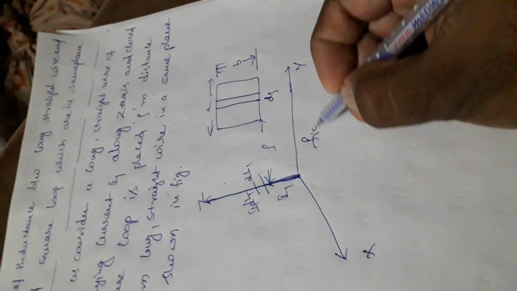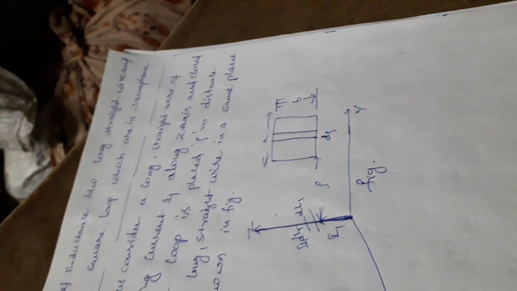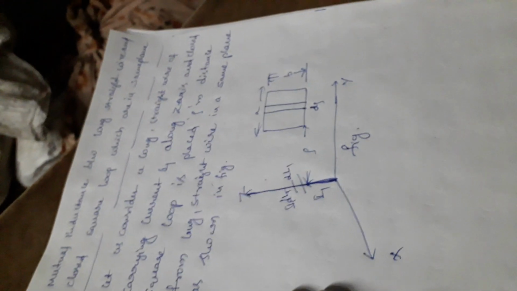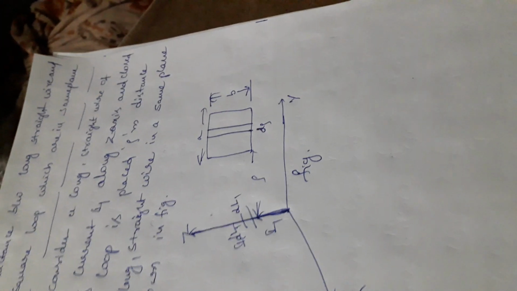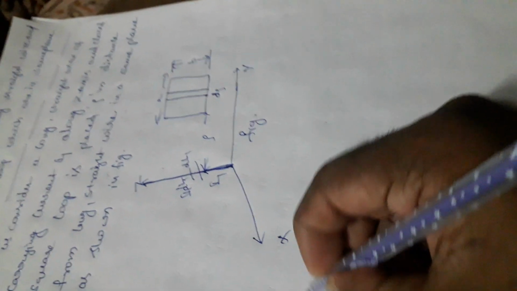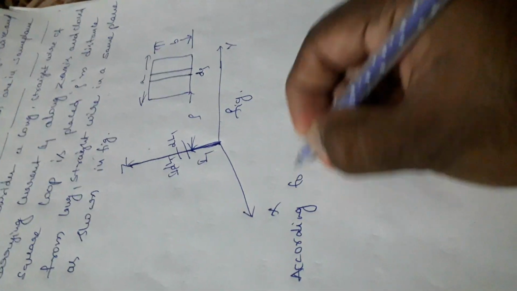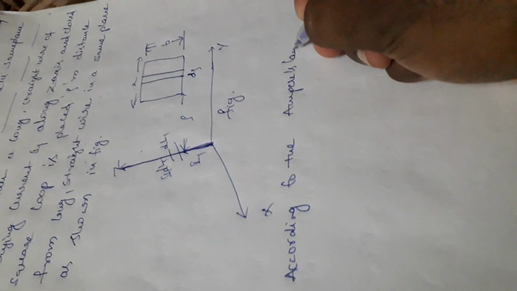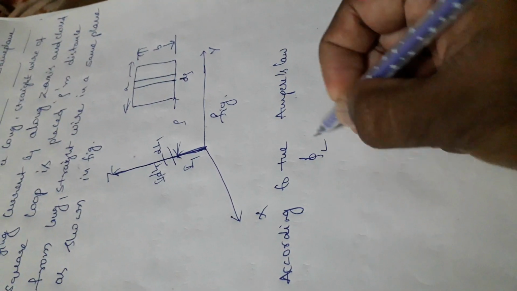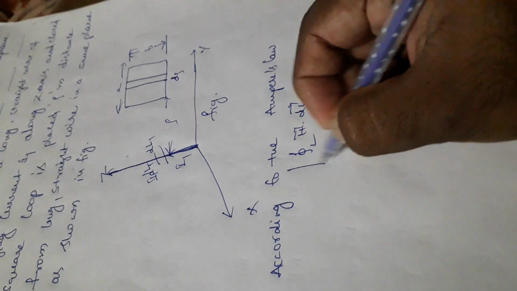Here, a long straight wire and a closed square loop are in the same plane. Now we have to determine the magnetic field intensity due to the long straight current carrying wire. That means according to Ampere's law, the closed line integral of H bar dot dl bar is equal to I1.